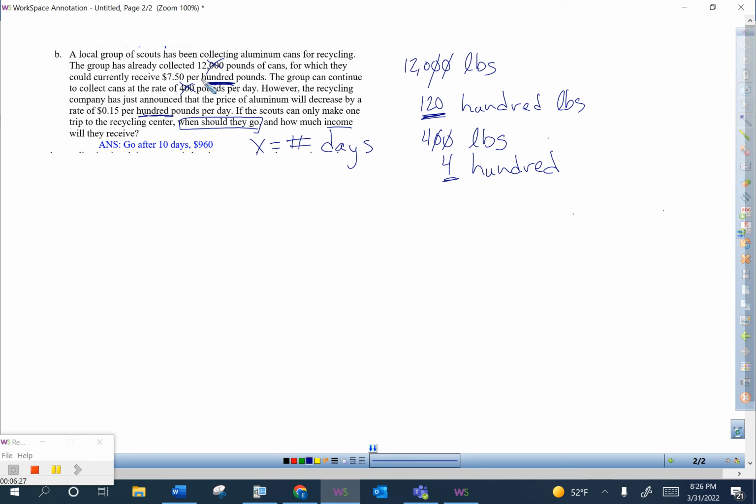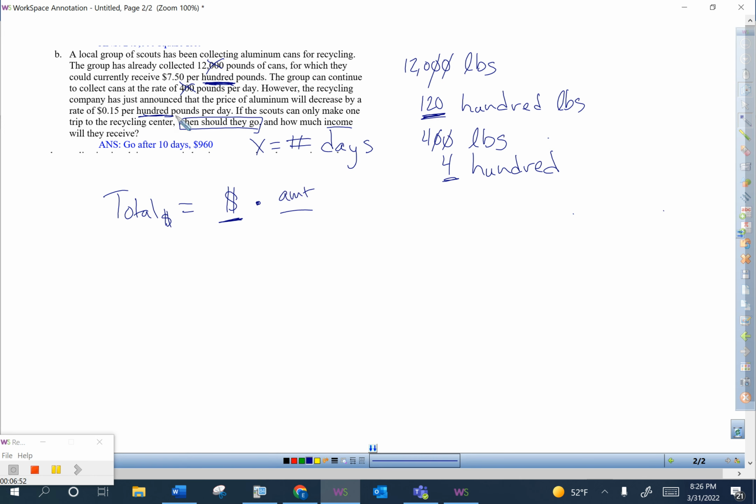With money, the basic thing, how it works, if we're trying to get some total amount in terms of revenue, income, things like that, it's going to be formatted the same way every time. You have to have part of it dealing with money, so some sort of rate, and then the second has to be dealing with amount.